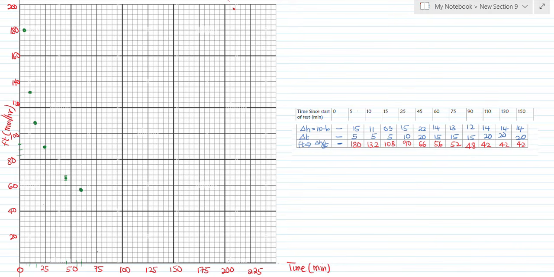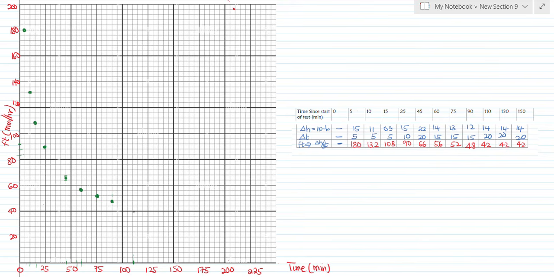And 75 goes with 52. So 40, 44, 48, 52 is here. The 90 goes with 48. This is 40, 44, 48. Then 110 goes with 42.